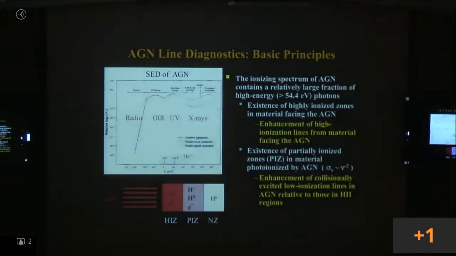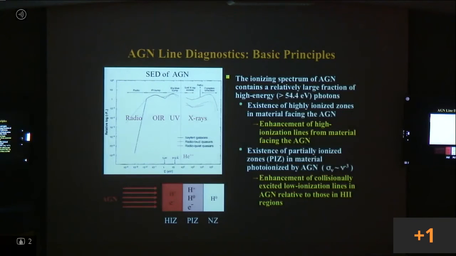Of course, we know now that the key thing about AGN is that the ionizing spectrum has a strong fraction of high energy photons beyond 54 eV, quite a bit beyond that. And so there is a highly ionized zone in the material facing the AGN, so you have an enhancement of the high ionization lines.